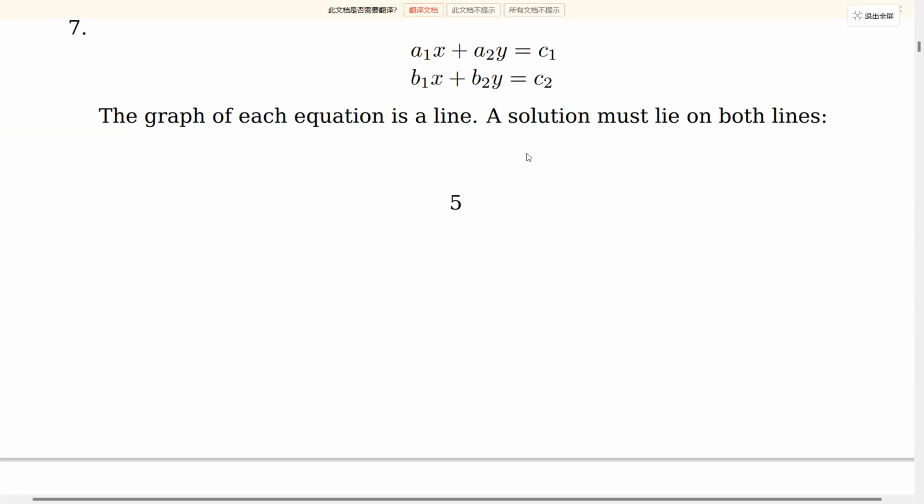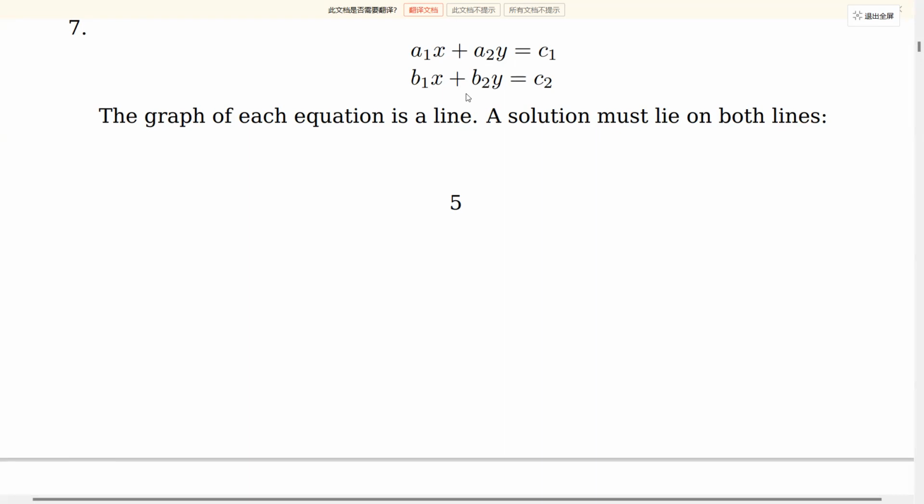If you draw the graph of each equation, for example, if you have a system with two variables and two equations, that will give you two lines on the plane, isn't it? So a1x plus a2y equals c1 is one line if you draw it, and b1x plus b2y equals c2 is another line. Then you just look at the relationship between the two lines geometrically.